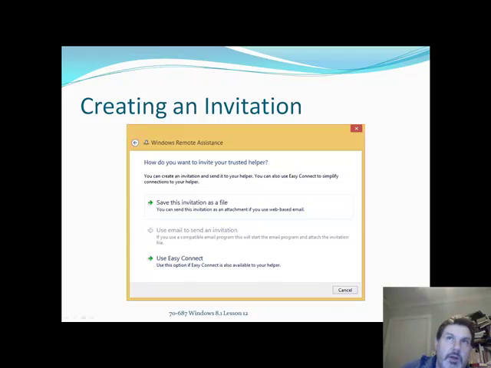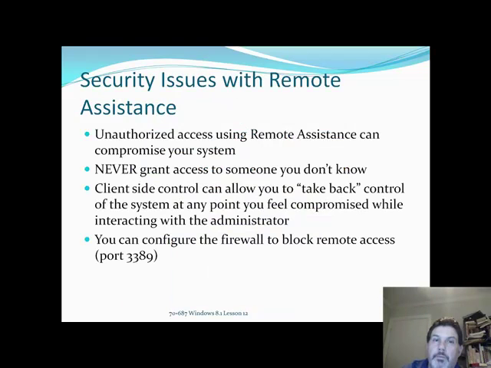Or use Easy Connect, if Easy Connect is also available to the other person. So there are several ways that we can, through remote assistance, connect to our users' systems. By far, using the remote assistance unsolicited assistance option in your domain policy in an enterprise environment is the way.